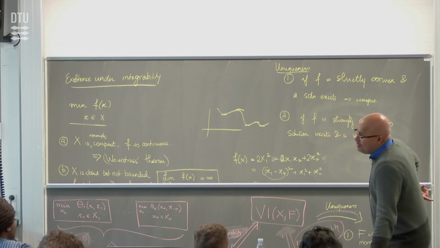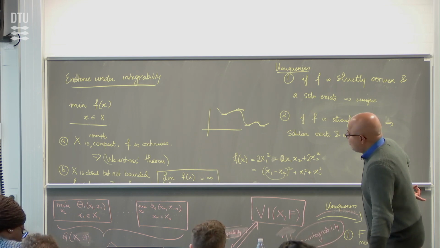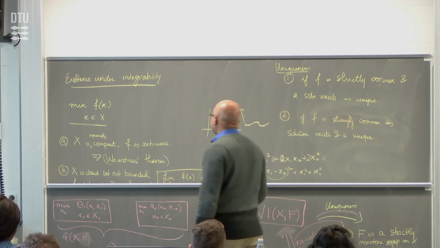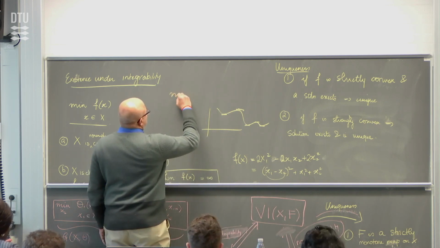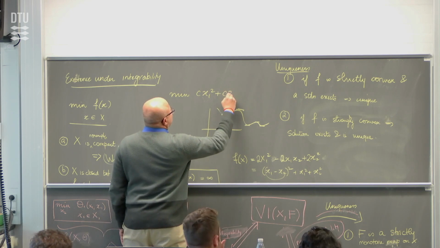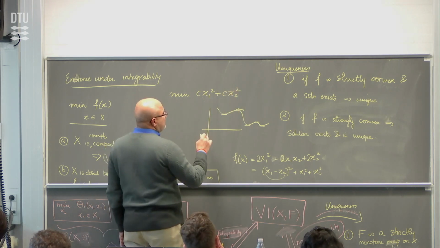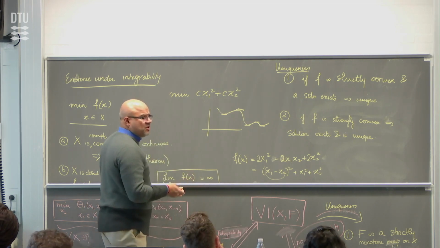Both are strongly convex, but exactly the same cost function. So you take c x1 squared plus c x2 squared. They have to be quadratic, right? So you've got this. This has a unique solution.